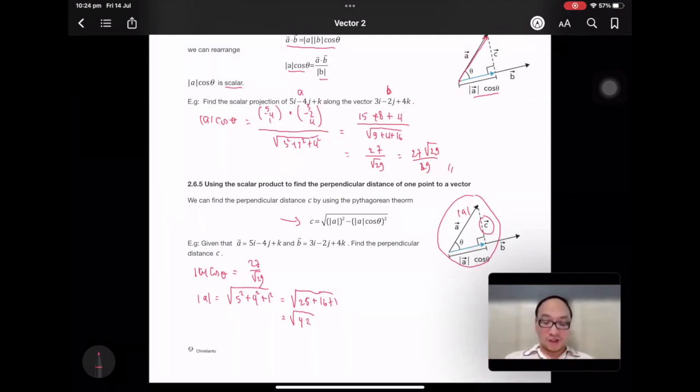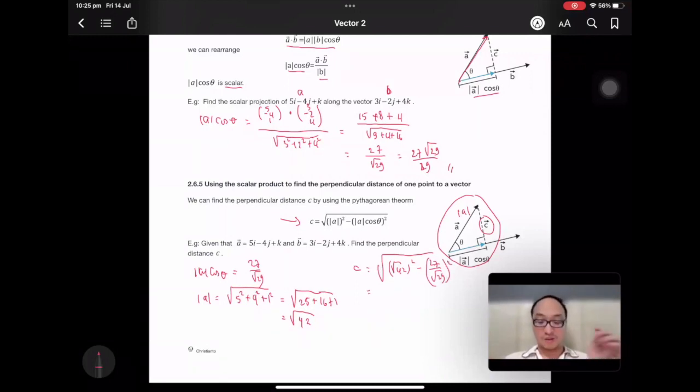To find the perpendicular distance, we just use the Pythagorean theorem. So this is the square root of 42 squared minus 27 over the square root of 29, squared. The result equals 4.11. So this is the answer. The length of the perpendicular distance is 4.11.